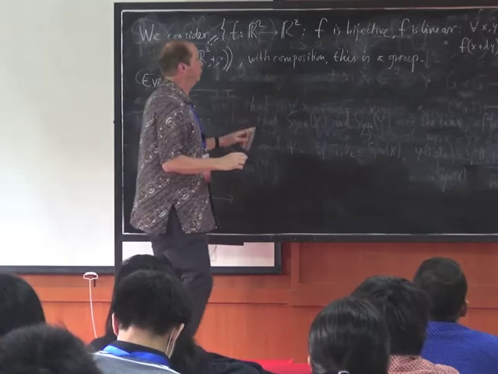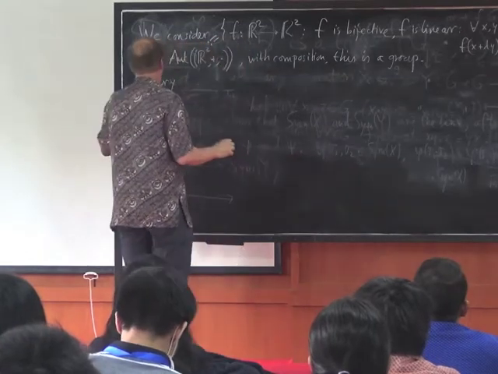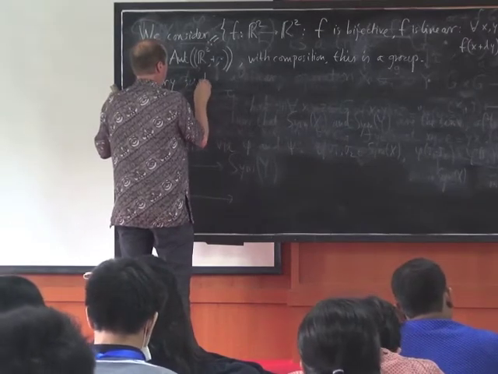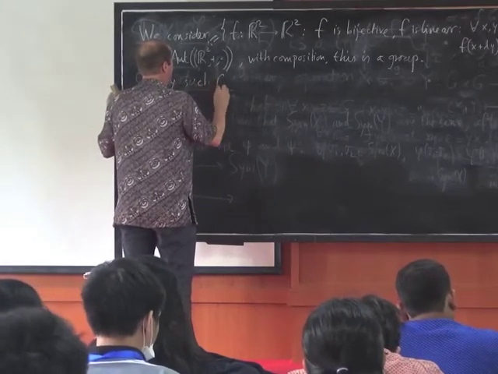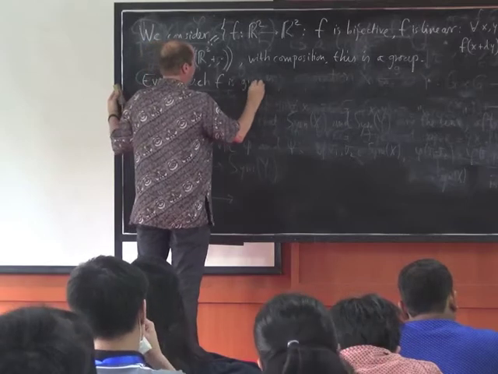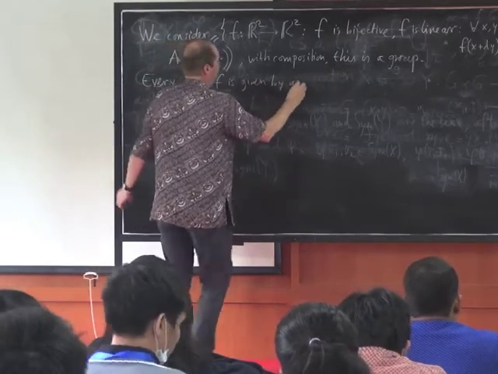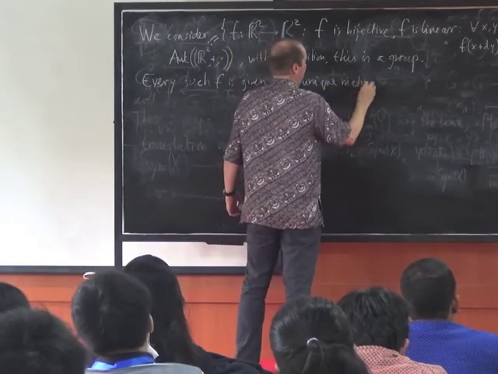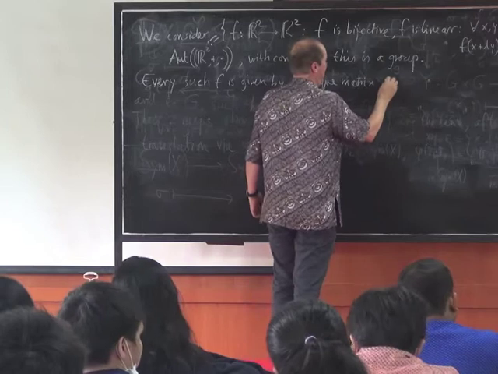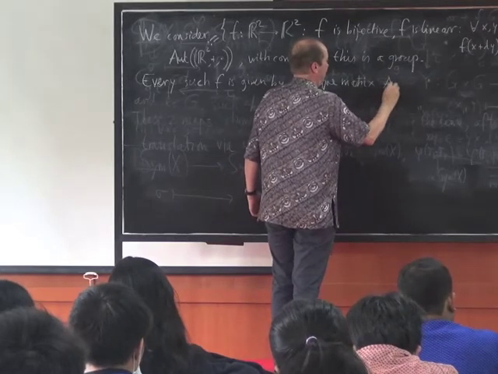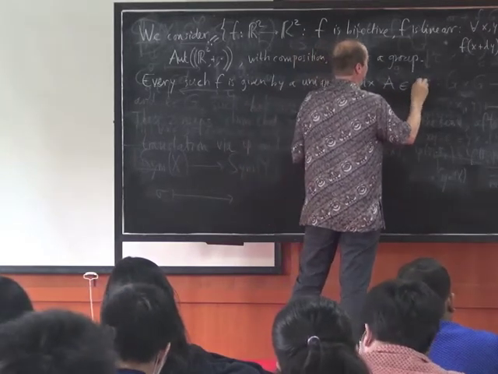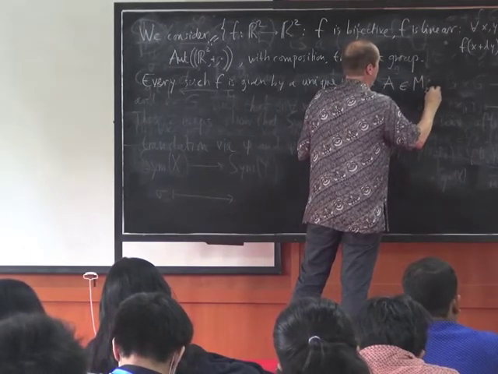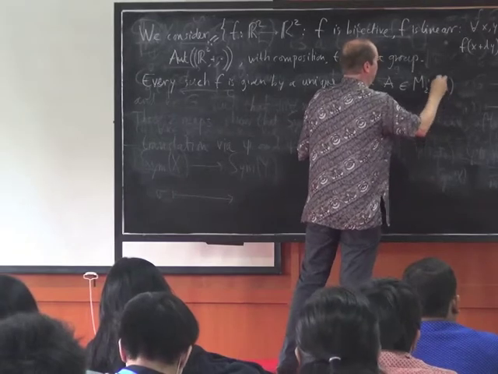But so every such F is given by a unique matrix A, let's say, maybe you use a capital letter, A in M2(R), so these are the 2 by 2 matrices.